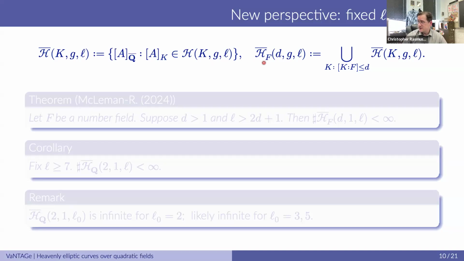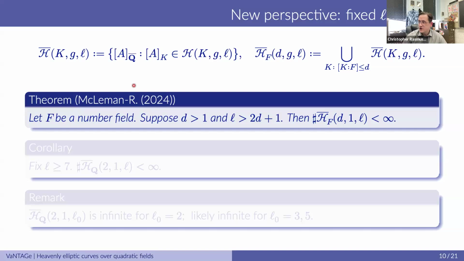And then slightly more delicately, we'll make the following construction. H bar sub F of D,G,L. Well, what I'm going to do is I'm going to fix one field F, let K run over extensions of degree at most D of that field F, and take the union of all of these isomorphism classes inside of H bar_K,G,L as K runs over these extensions.